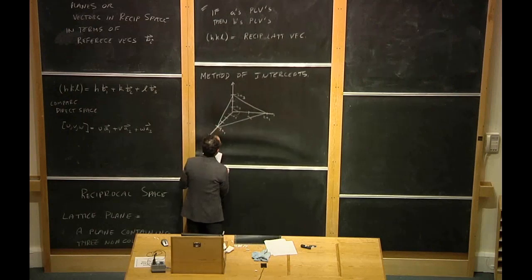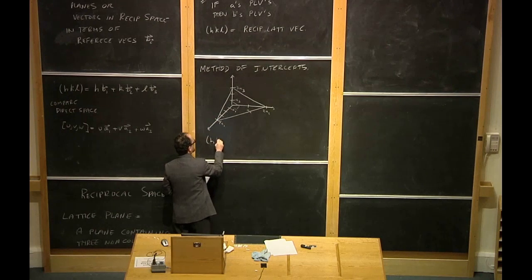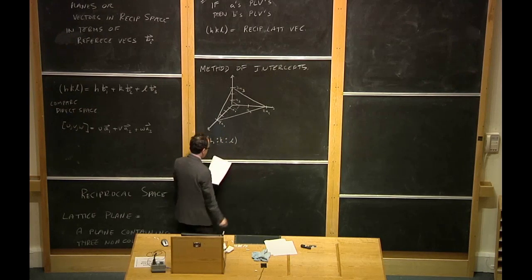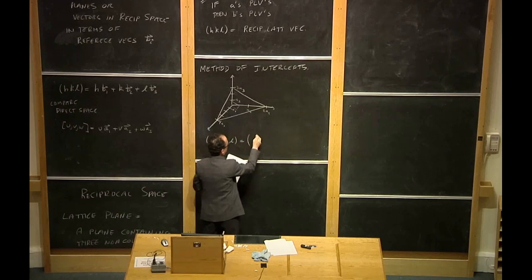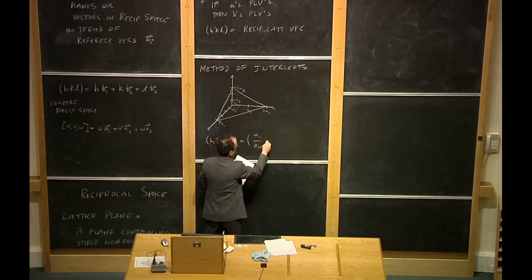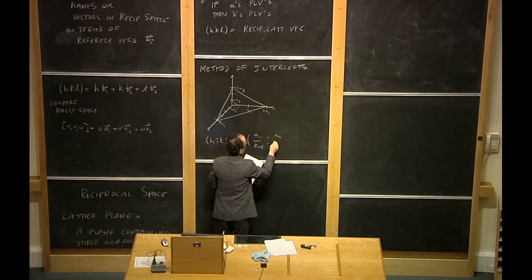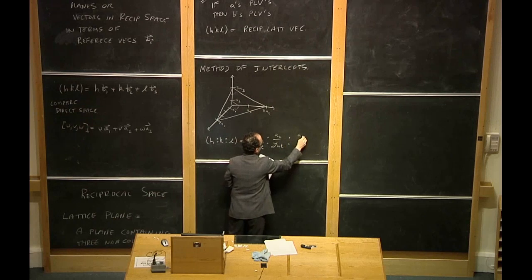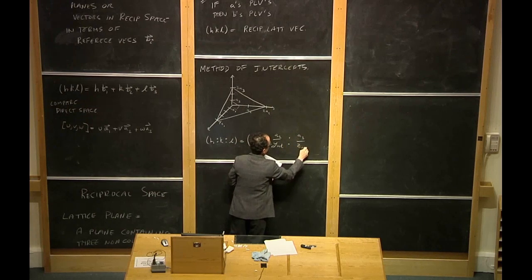The rule is that H is to K is to L in proportion as A1 over the x-intercept is to A2 over the y-intercept is to A3 over the z-intercept.